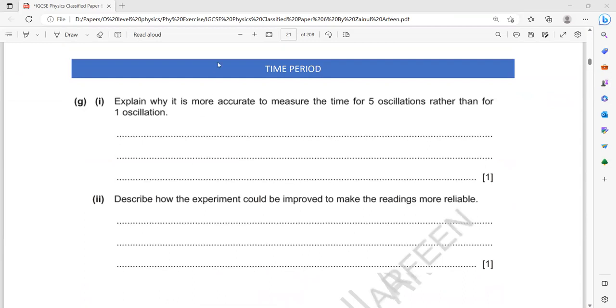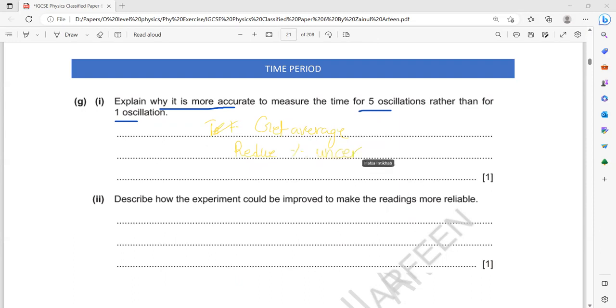Then explain why it is. This is a question they repeat many times. As you can see, explain why it is more accurate to measure the time for 5 oscillations rather than 1 oscillation. Like, why do we measure the time for 5 oscillations, why not only 1 oscillation? So what is the effect? It will reduce, yeah, we'll get an average result, or it will reduce the percentage uncertainty.